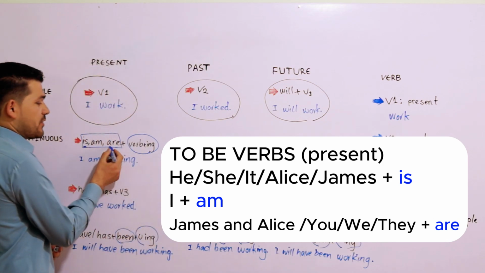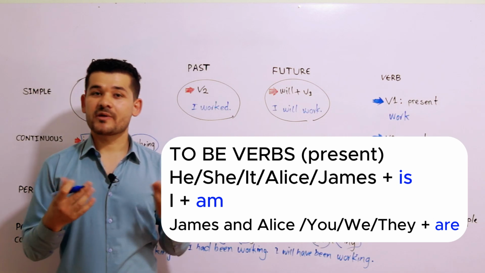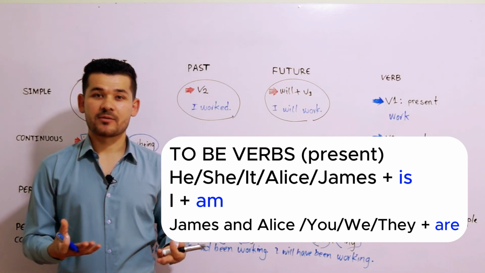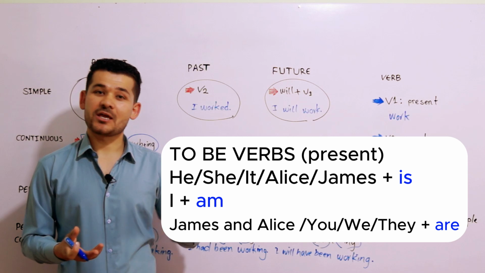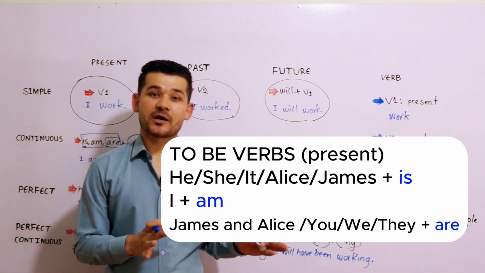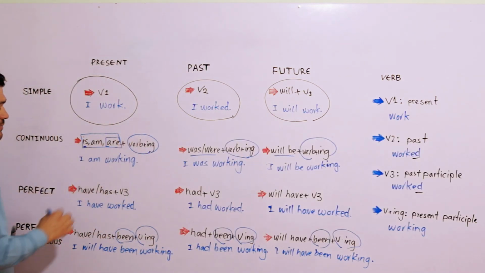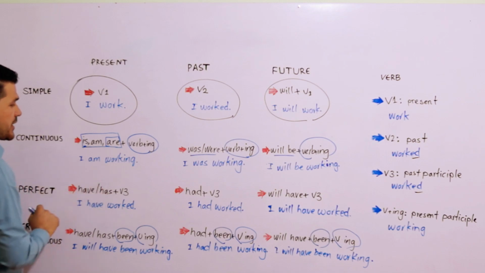And the next one, we have are. With all the other subject pronouns, we're going to use are. We are, you are, they are. With the plural ones, we're going to use are. After that, we have verb ing. For example, I am working.